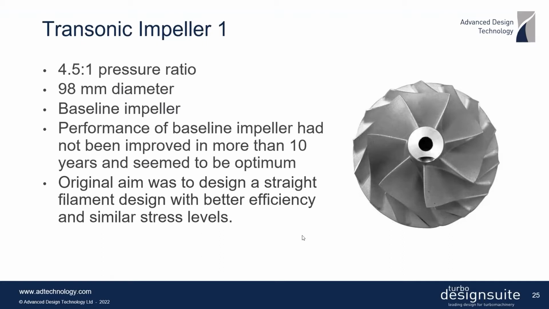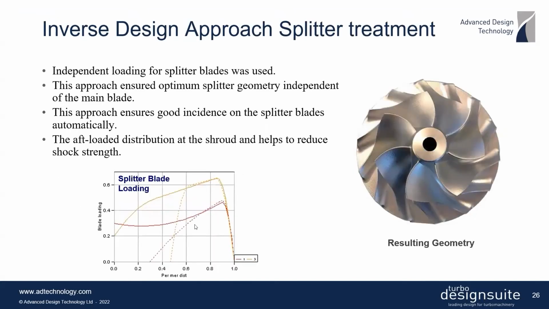And what was interesting about this impeller was that in fact, no one had been able to improve the performance of the impeller for more than 10 years. And originally the aim was to achieve a straight filament design with better efficiency and similar stress levels as this impeller. And then this type of loading was used that generally tends to be better when you have strong shocks.